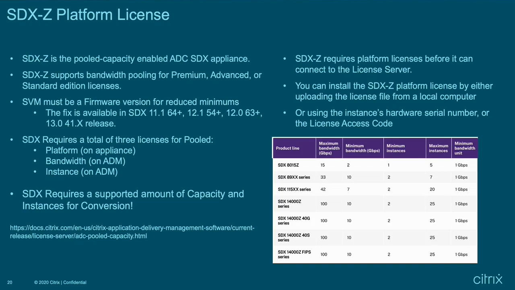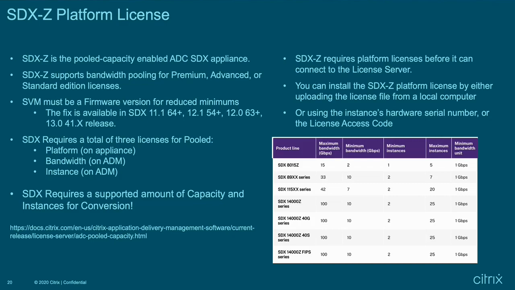Whereas when we look at the pooled capacity, the 14,000 series only needs to run 10 gigs on that box. Now, the minimum that perhaps a starter pool might be for that might be 20. So you'd already get 10 gigs worth of floating capacity. But when you look at the instances, it only needs to run 2 instances, but has a maximum of 25.